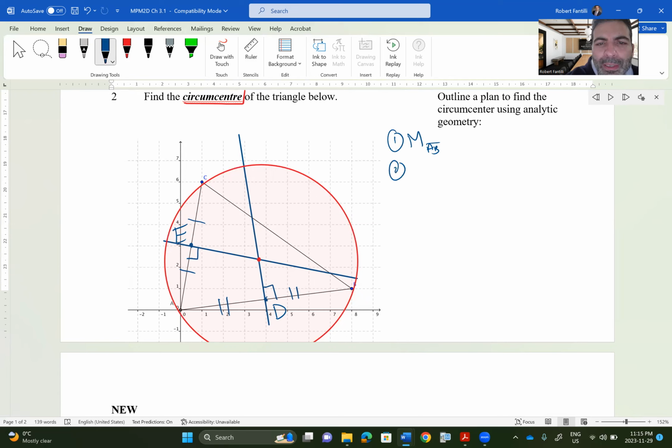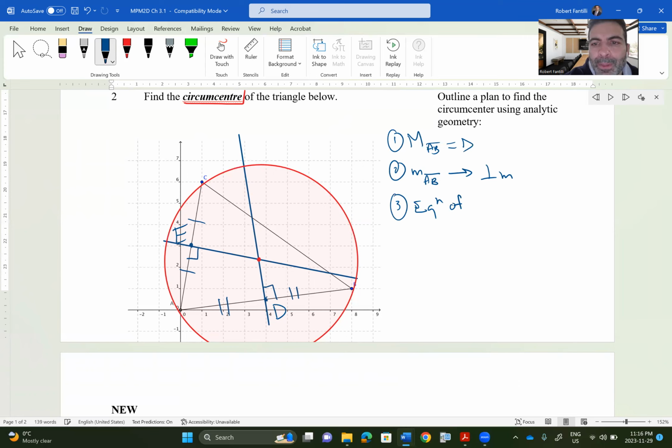And then I'm going to find the slope of line AB. And that point was equal to D. Slope of AB, but then I need the negative reciprocal slope because this bisector here is perpendicular to AB.